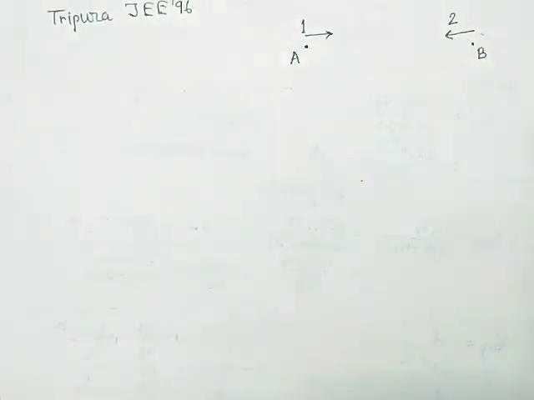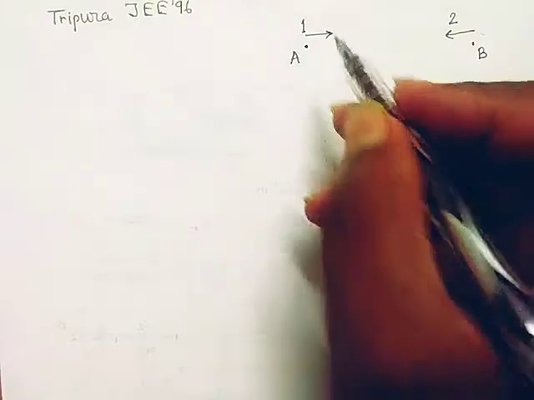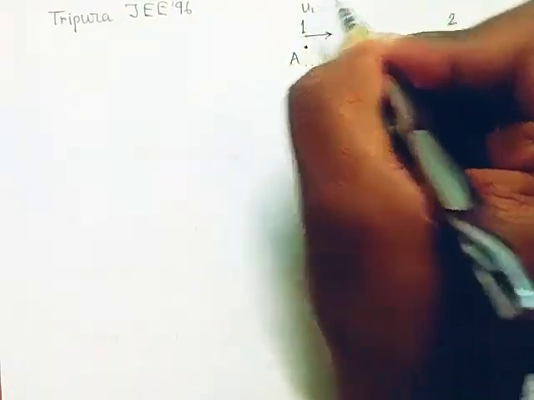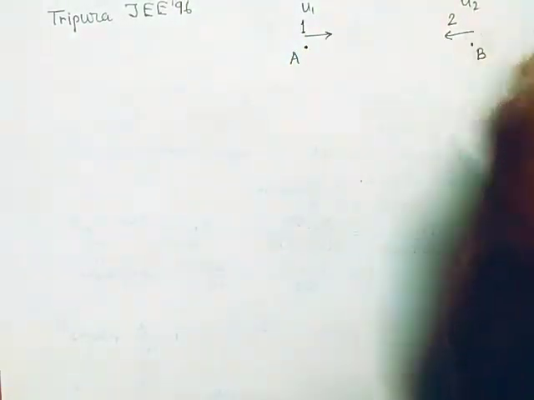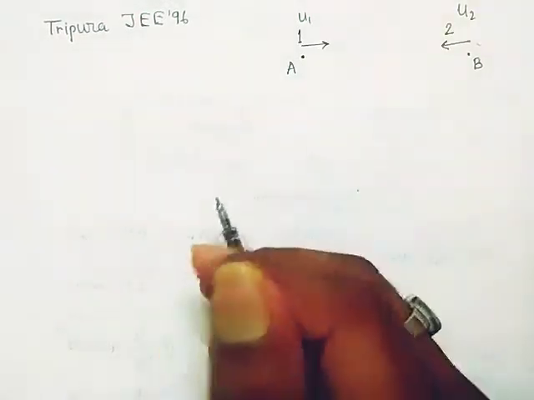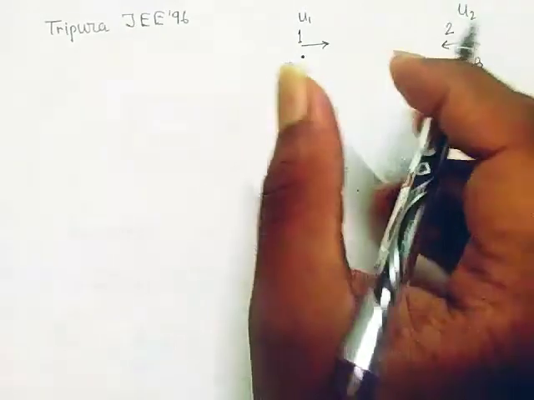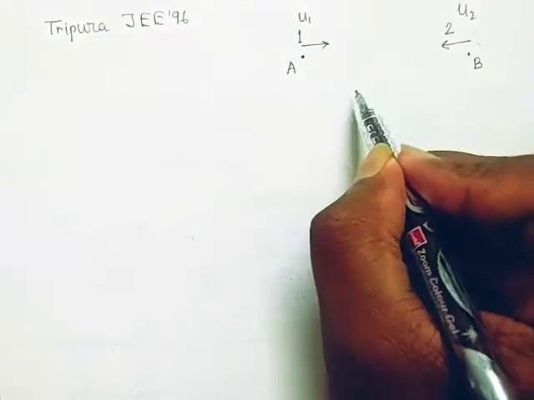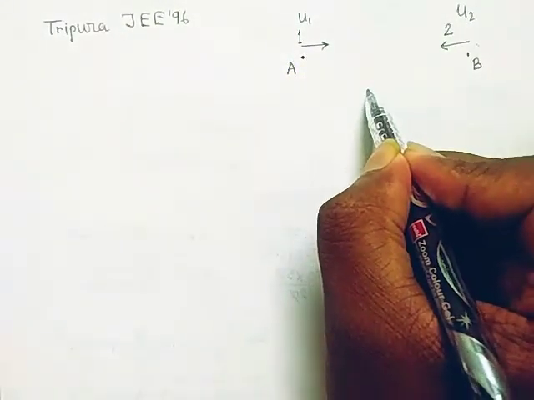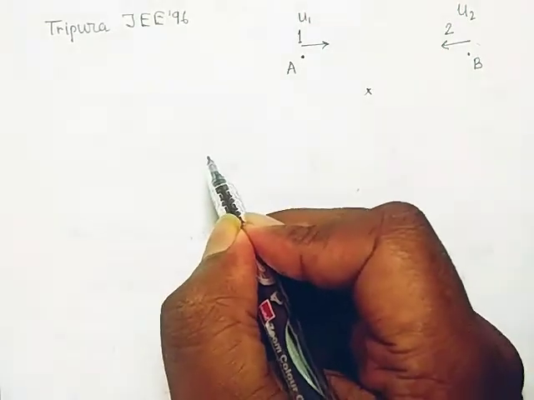So 2 trains are starting from the stations A and B, and the velocities of them are respectively u1 and u2. When they are moving with the velocities u1 and u2, obviously they are approaching towards each other, and let us consider somehow here they meet each other.